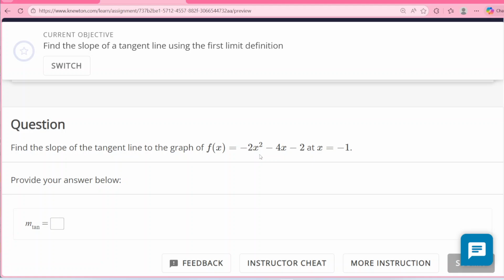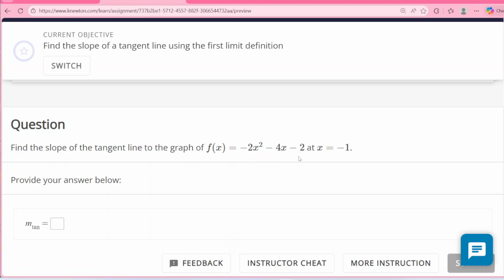This is a quadratic function. The graph would be a parabola, opening down. So you can't tell immediately what the slope of some tangent line is here, right? This is not a straight line curve. So it really does matter now where we're at. So this is at x equals negative 1.